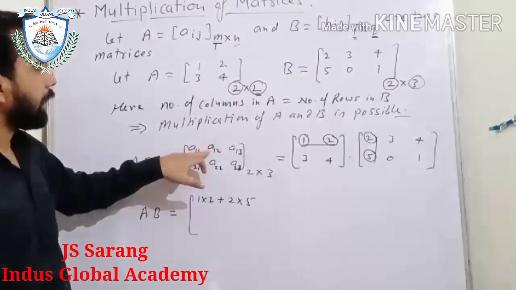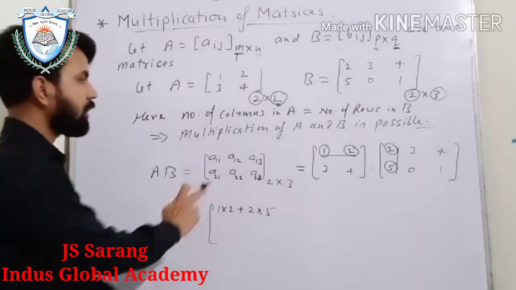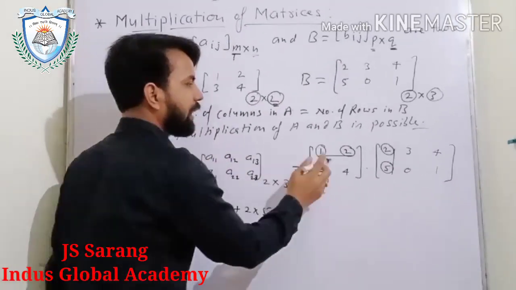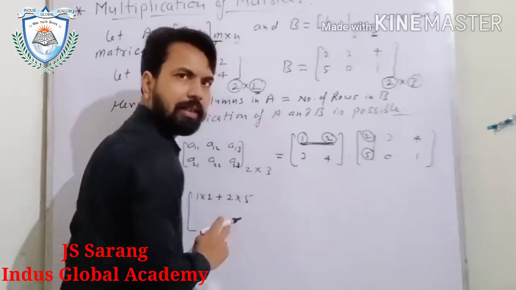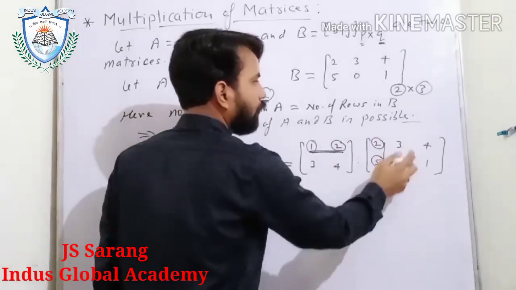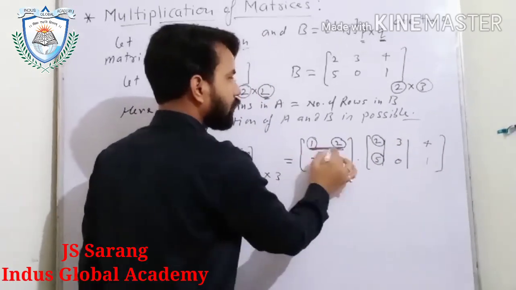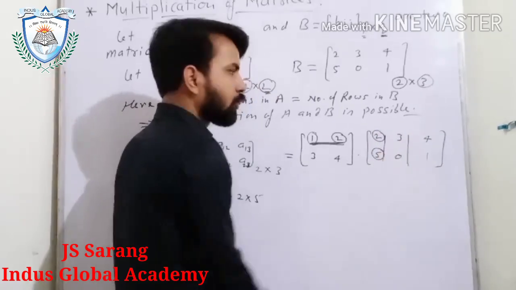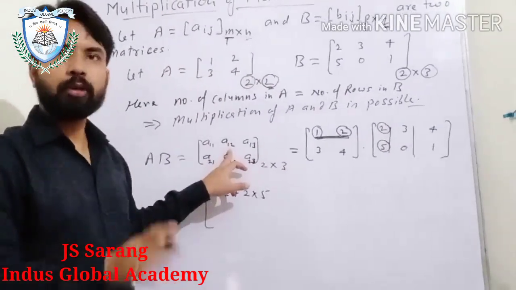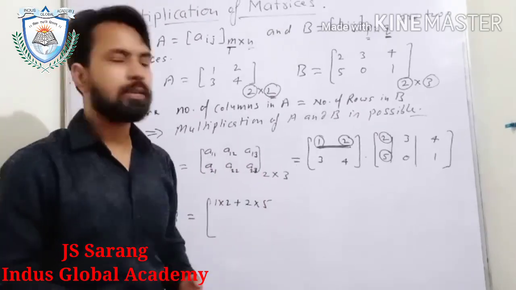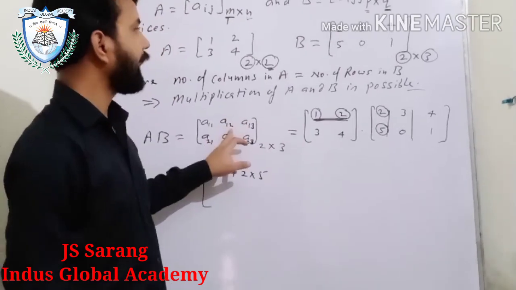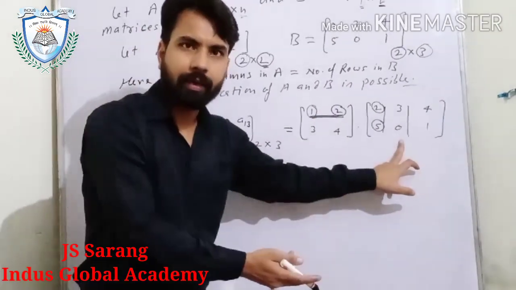Now I am talking about A12. A12 means first row, second column. This is the first row of the first matrix. It will be multiplied by the second column of the second matrix. So A12 is the sum of product of corresponding elements of the first row of the first matrix and the second column of the second matrix.